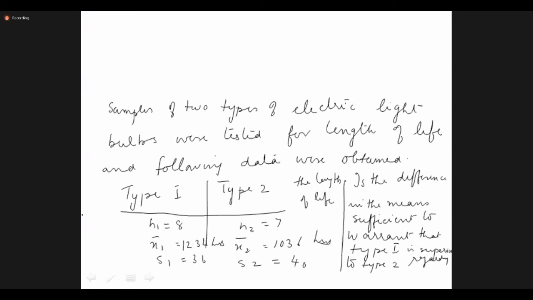What is the null hypothesis? What is the alternate? The null hypothesis is always equal to.